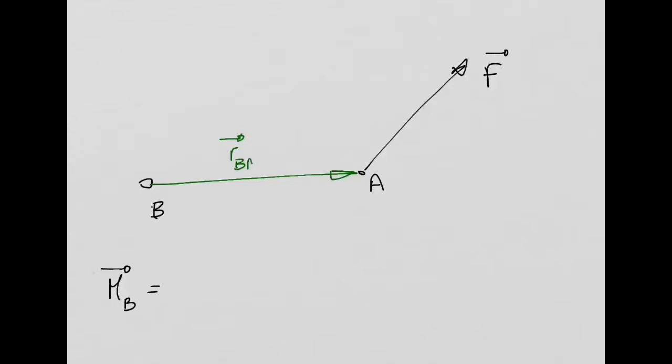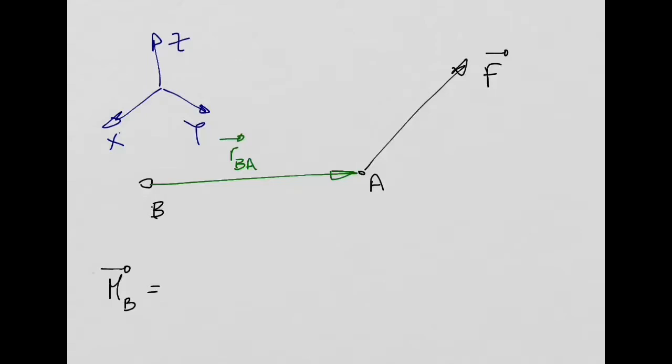It means it is a position vector connecting point B with point A. All right? And then of course we need to have a coordinate system. Let's say we have this coordinate system X, Y, Z. All right? Because we are working with vectors, we need to have a coordinate system to obtain the components of these vectors.